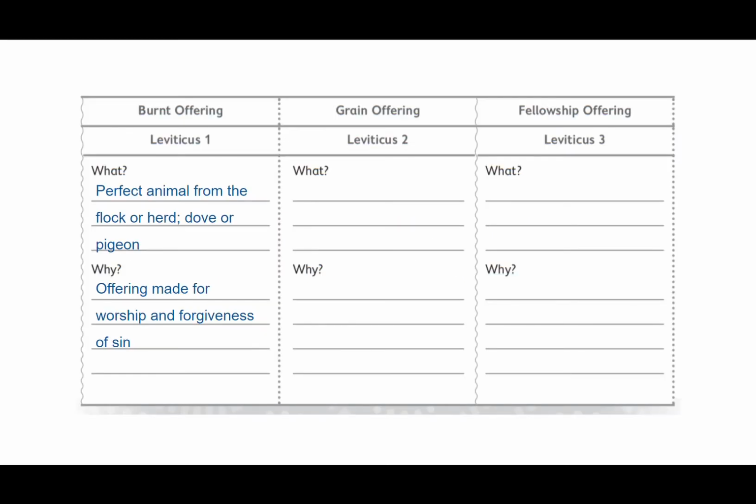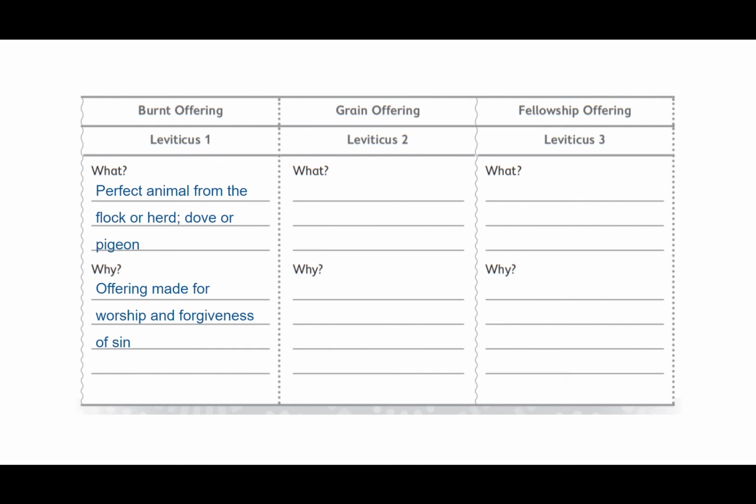So God was very specific in what they were to bring in their grain offering. But He was also very specific about what could be in the grain offering and what couldn't be in the grain offering.